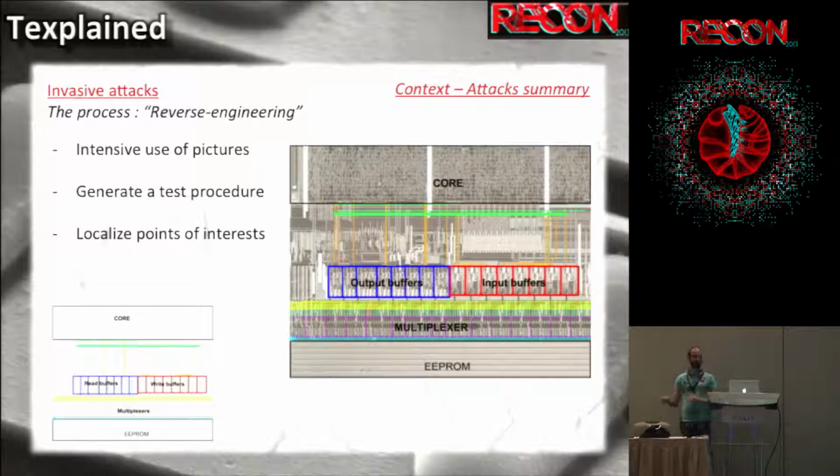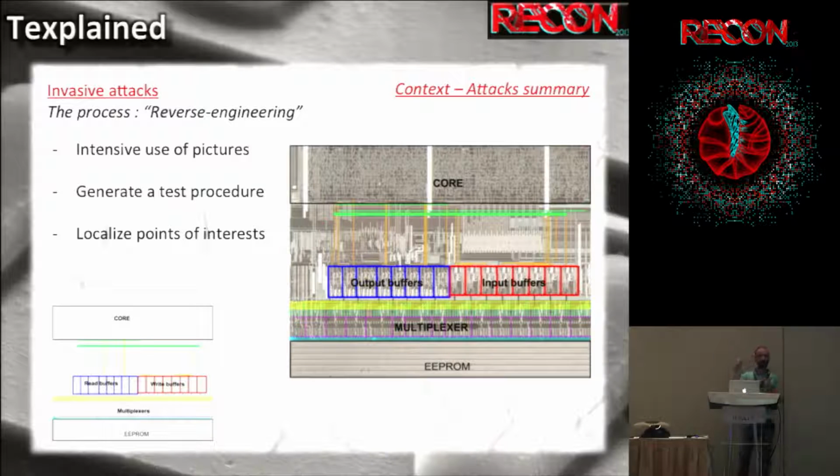So this is a very, very basic example where on the top you have something like spaghetti lines, which is the core. At the bottom of the picture, you have something which is very ordered, which is a memory. And in between, you see 2 blocks of 8 identical structures.